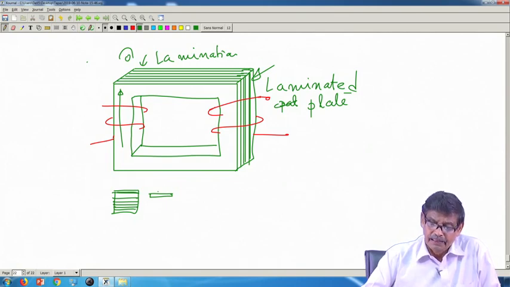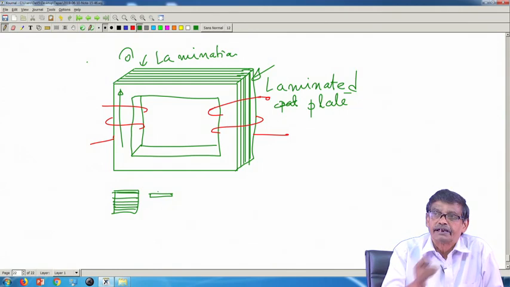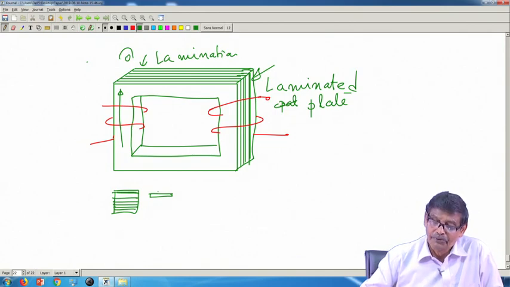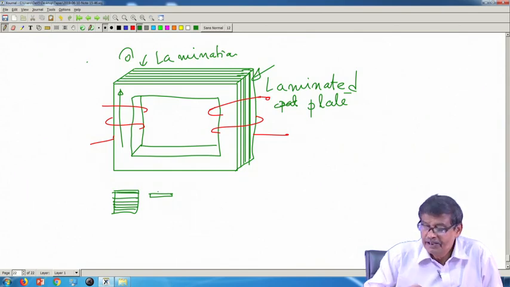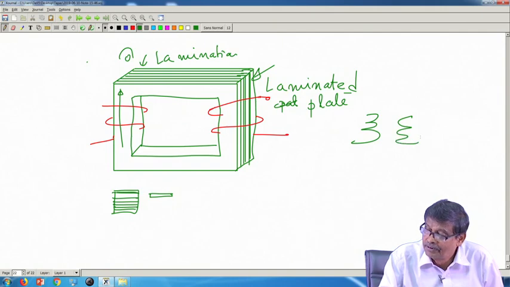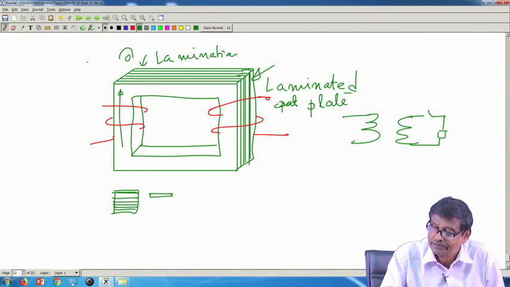Now, how to take this eddy current loss effect into the equivalent circuit? Coming back to the original question. So, it looks like that even with the secondary of the transformer open, you can look at it in this interesting way as well.